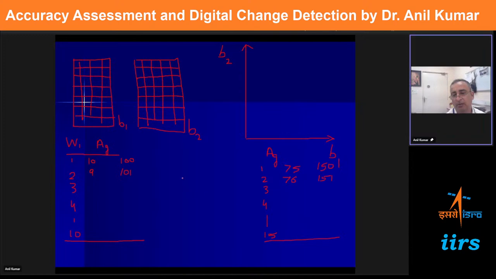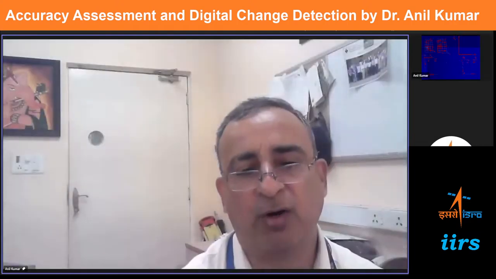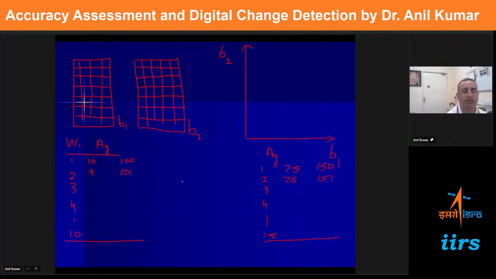Now, if we are applying the parallelopiped classifier, this is also called box classifier. Box means we are creating the box of each class, and whatever pixels are in that box are labeled to the class. The question comes: how to create the box? To create the box, we can use two methods.